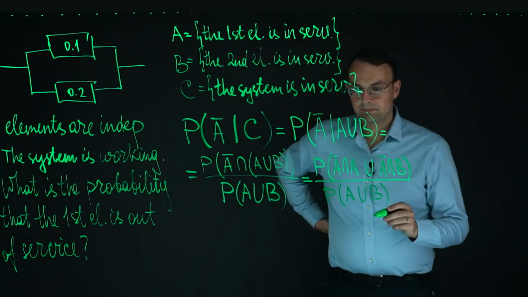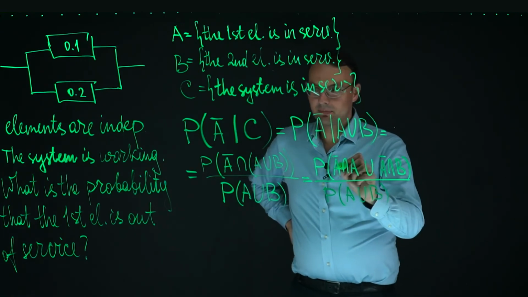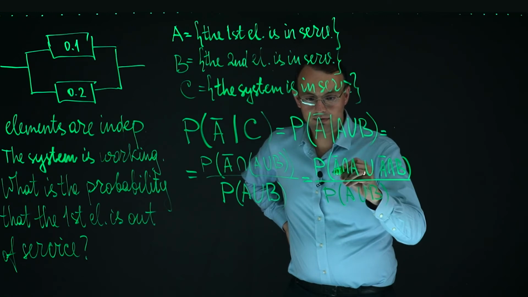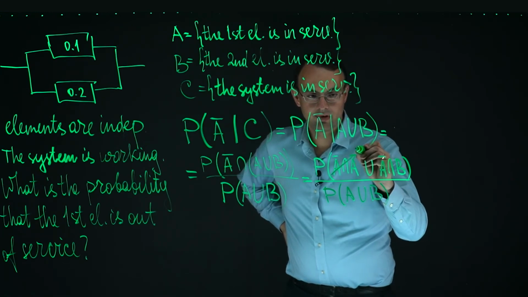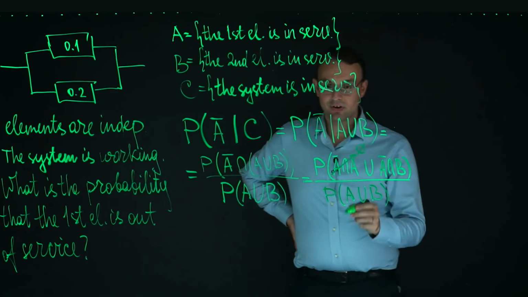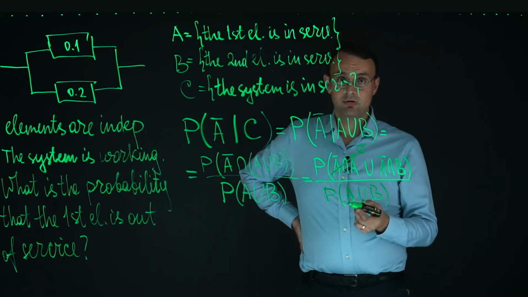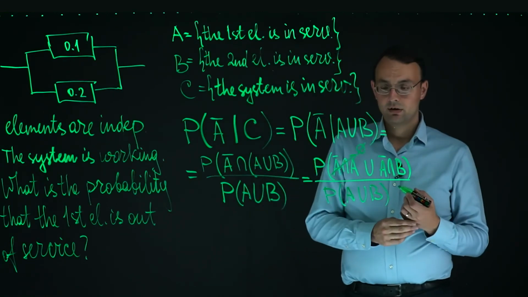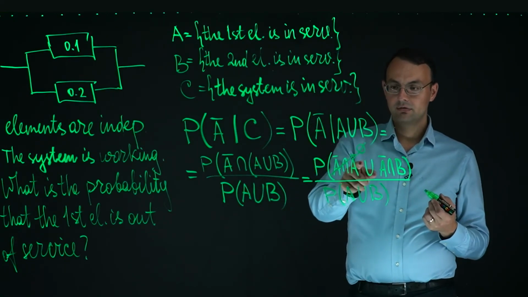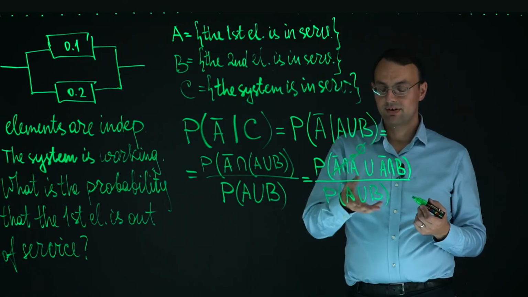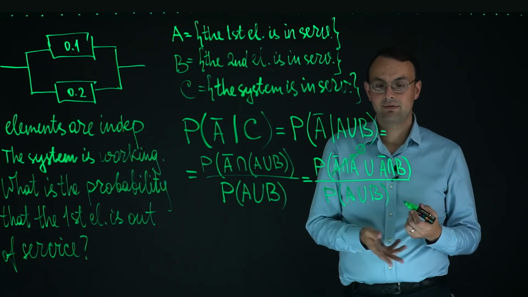So here, this is an impossible event, A intersection not A. This is an impossible event because A and not A cannot happen at the same time. And as we know, union of an impossible event and any other event is equal to this other event.